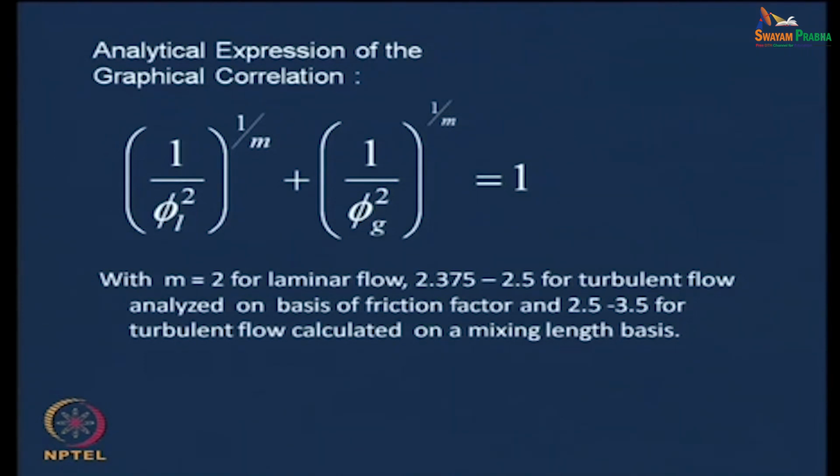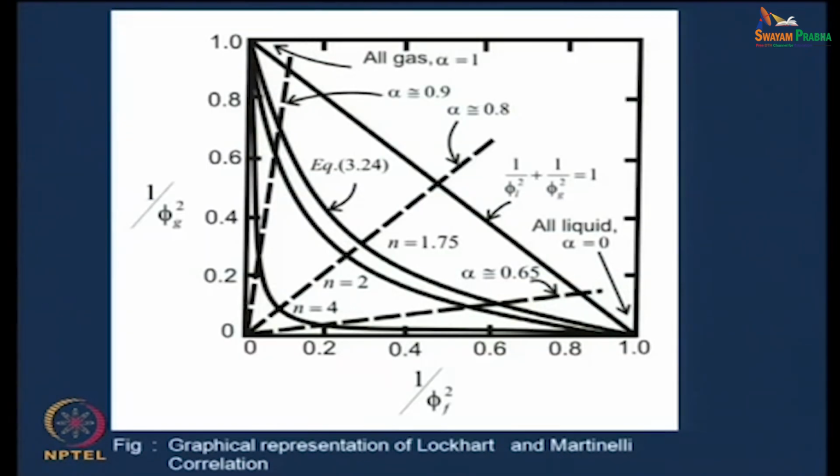Now, the problem of this correlation, as you can very well see, is that both phi L square and phi G square contain the two phase pressure gradient term, isn't it? This is the unknown, the thing which you want to find out. Therefore, in your graphical expression, both the x and y axes contain the unknown parameter.